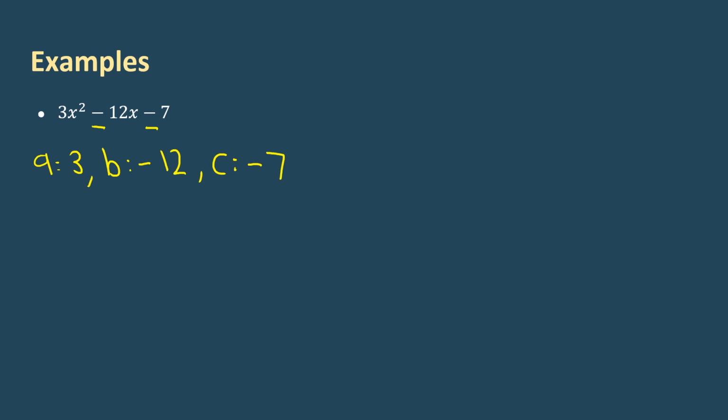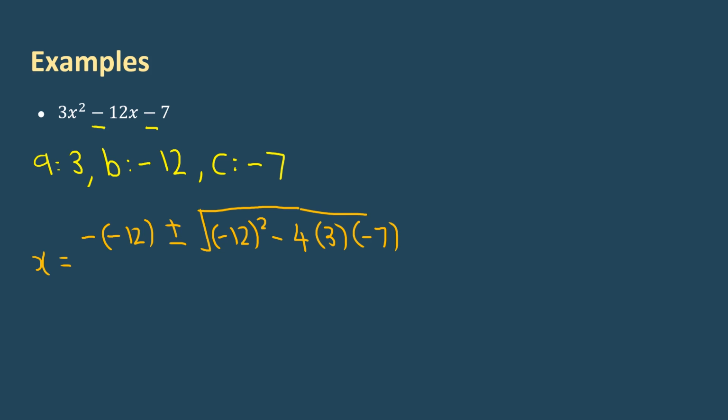So we're going to place this in our formula. x equals negative b. So it's negative negative 12 plus minus square root of negative 12, which is b squared, minus 4ac, over 2a.